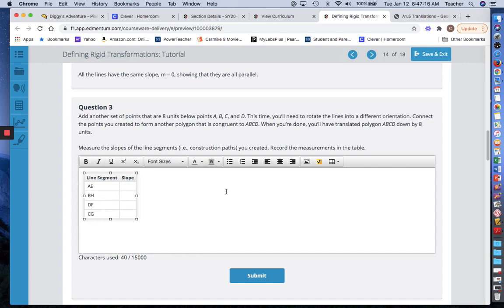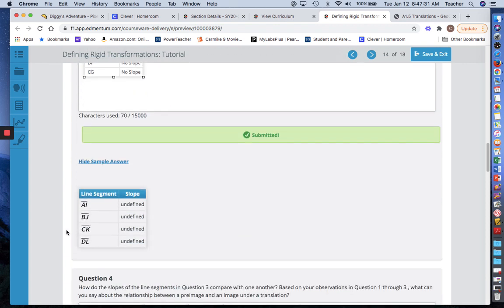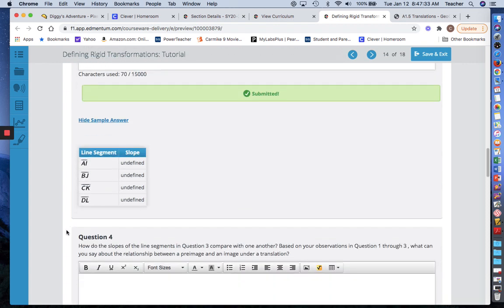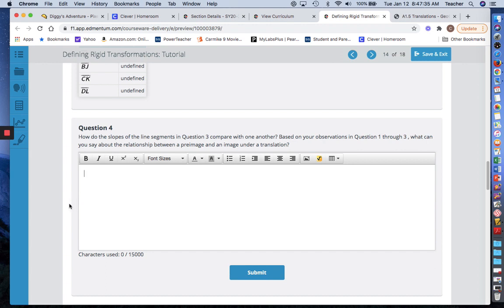And they all are undefined. You put no slope. Okay, so they'll take undefined also. All right. Oh, my goodness.